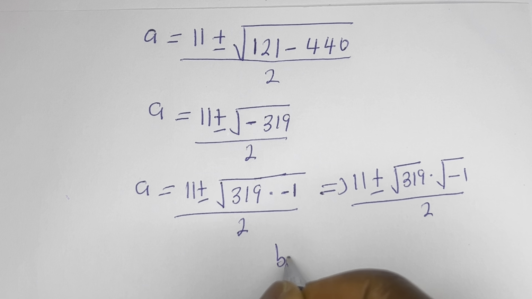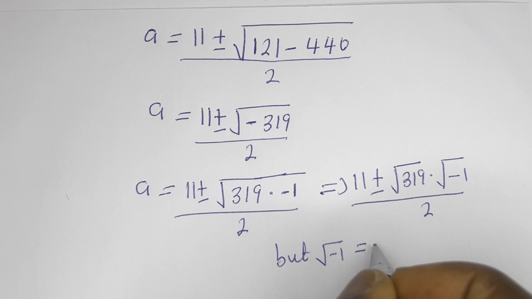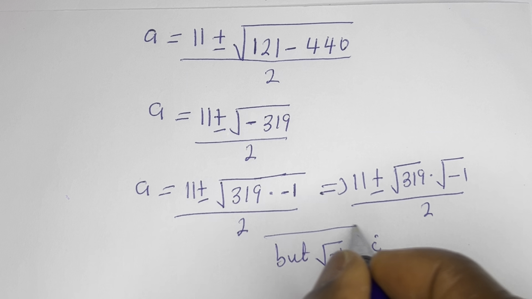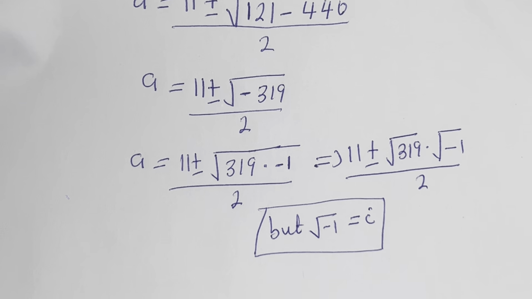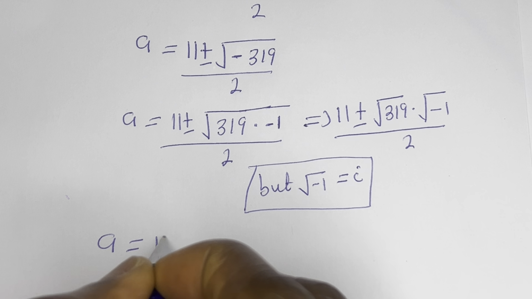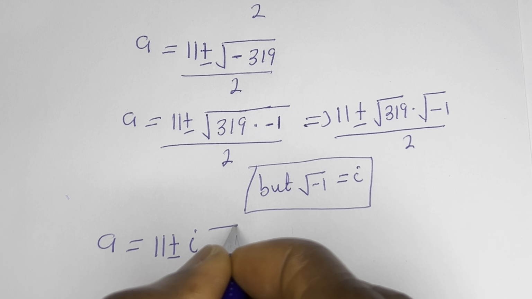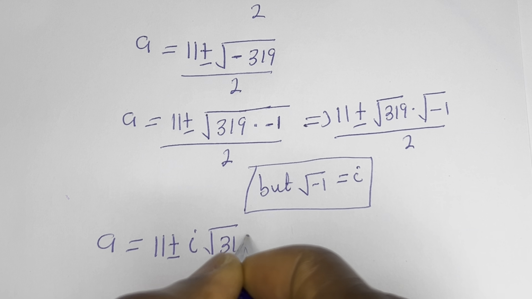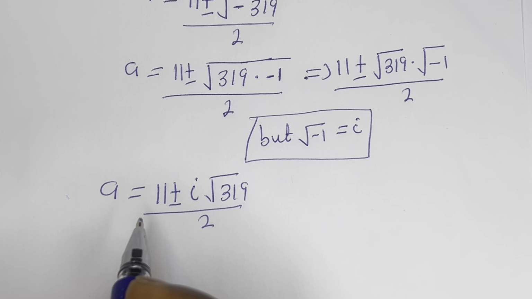But square root of minus 1 is equal to i. a is equal to 11 plus or minus i square root of 319 over 2.